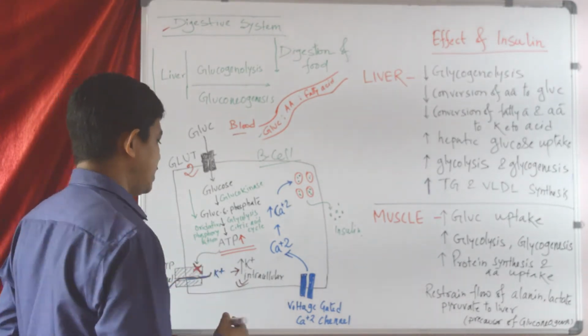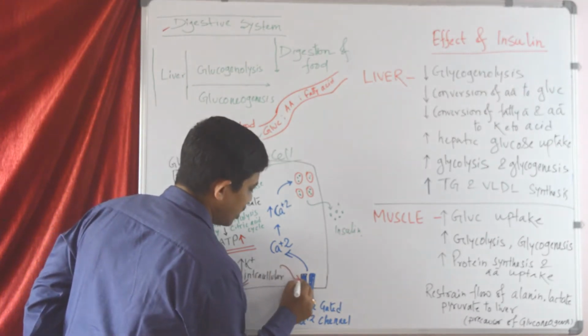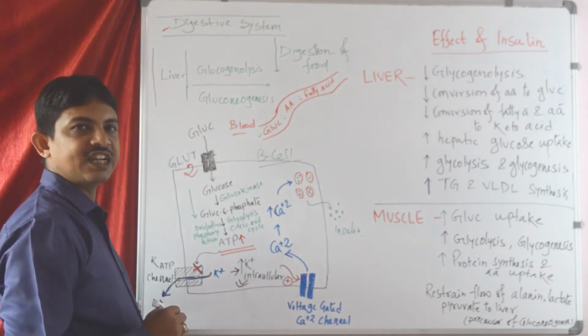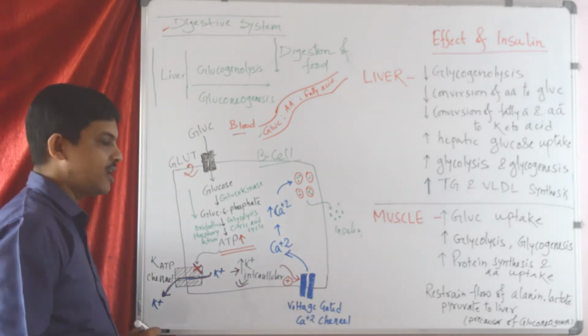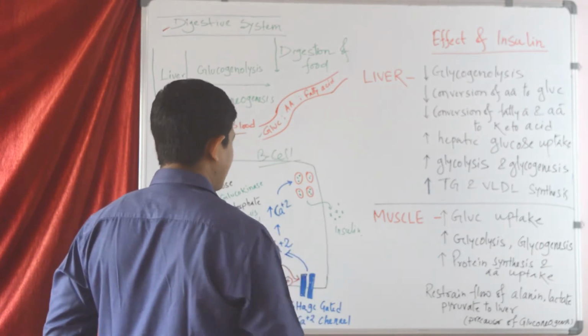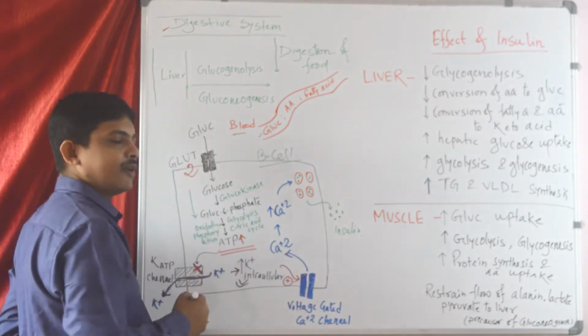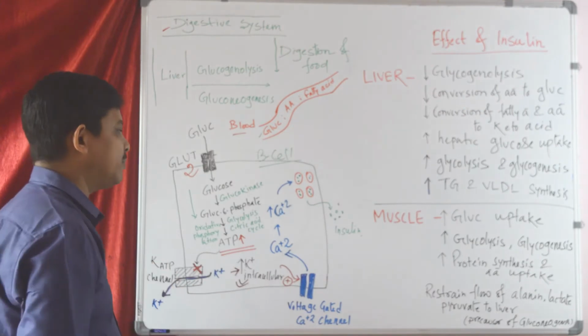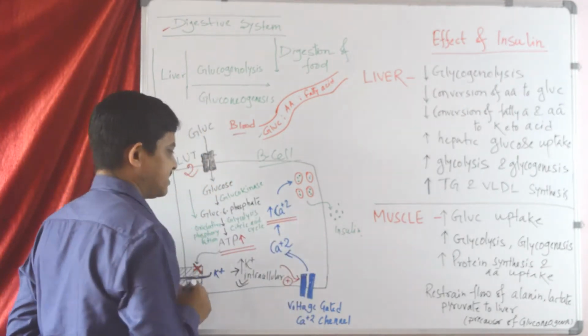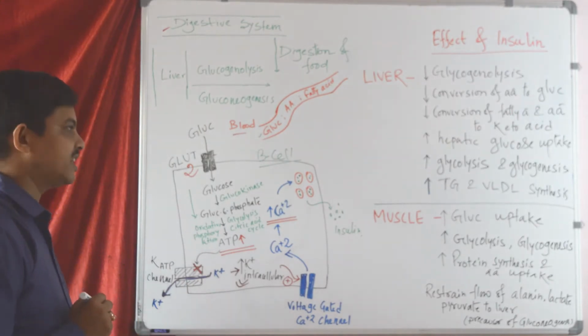Now due to this depolarization, the voltage-gated calcium channel will open, and through this voltage-gated calcium channel, calcium will enter. Clear? Calcium will enter inside the pancreatic beta cell. So inside the beta cell, the calcium level rises.